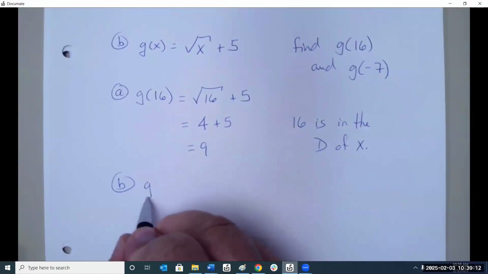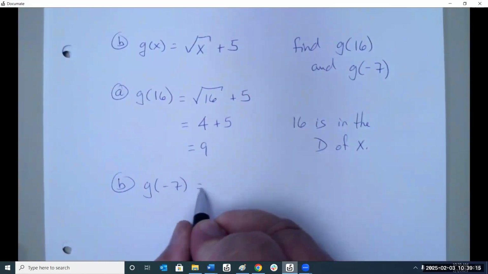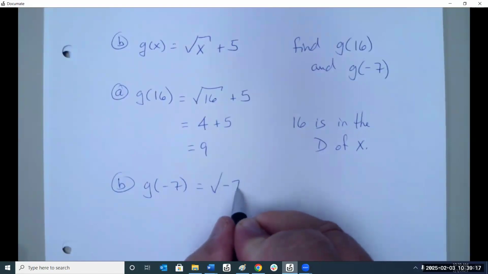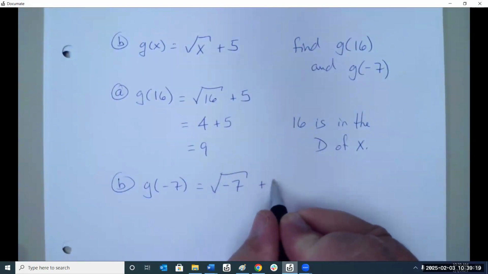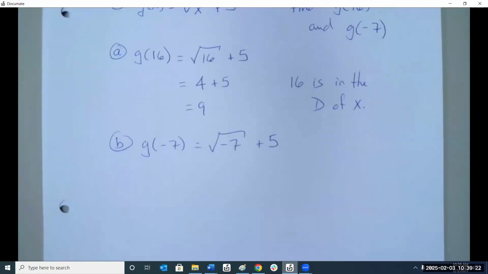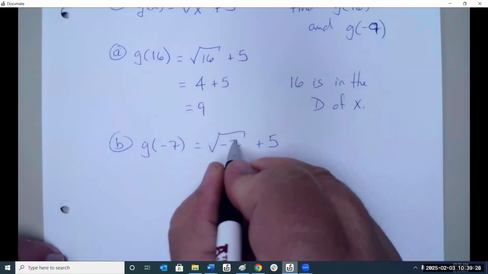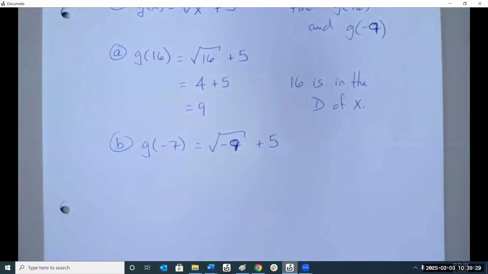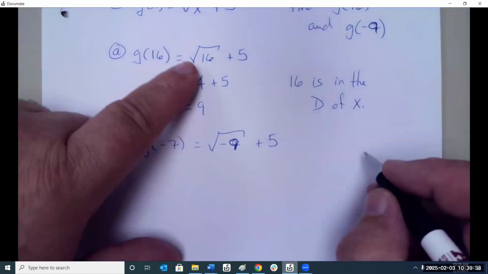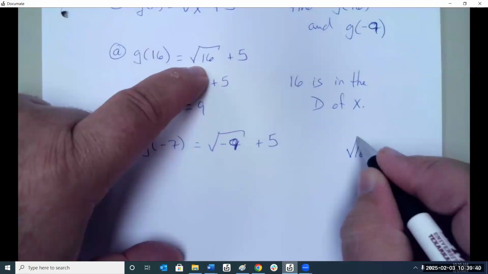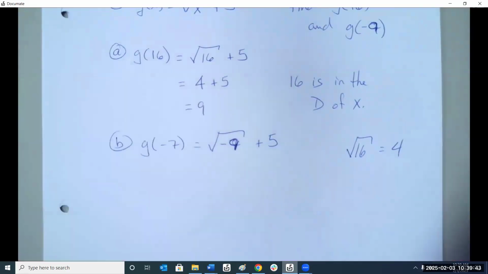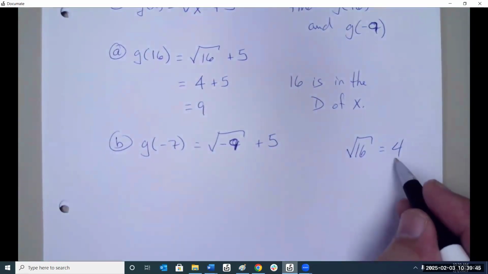B, g of negative 7. The square root of negative 7. Instead of 7, I'm going to put negative 9 to make it easier for us. What's the square root of negative 9? Remember, what is square root? Why is the square root of 16 equal to 4?